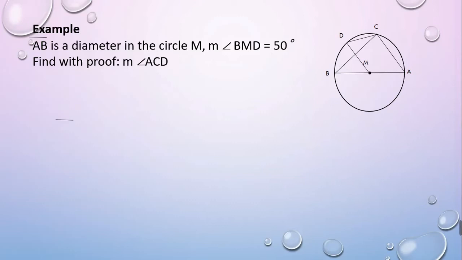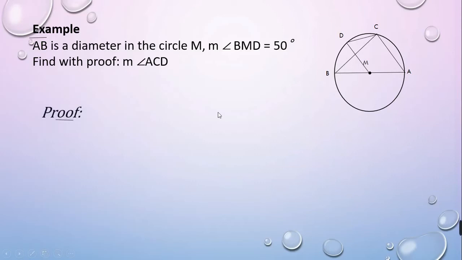We have an inscribed angle subtending the same arc BD, which is BCD or DCB. What is the relation between these two angles? Yes, the measure of this angle is half the measure of that angle.